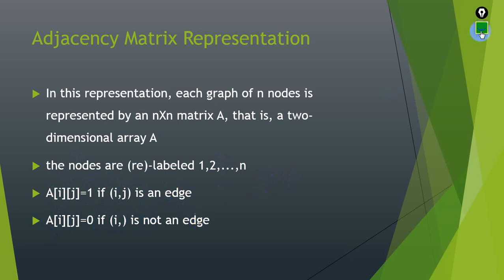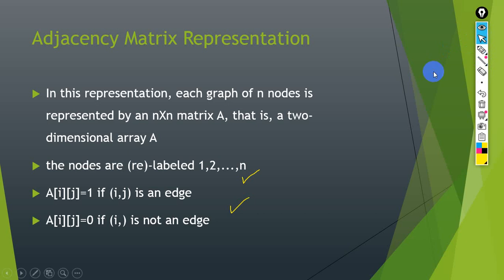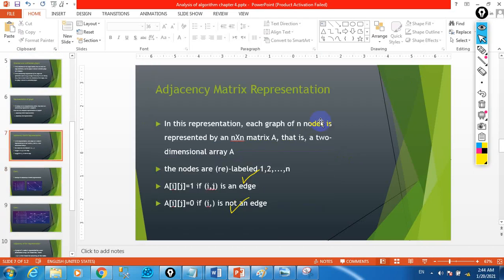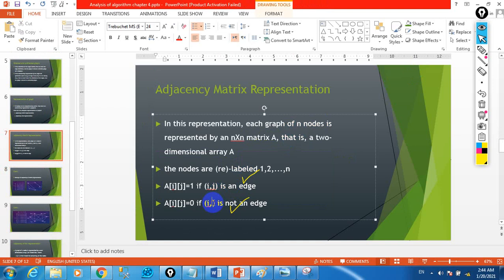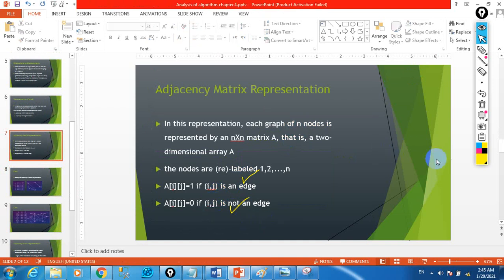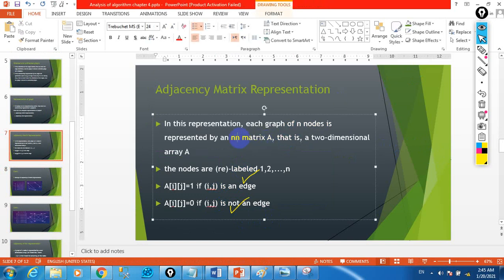Look at this, let me just write it: aij, and this is n cross n.